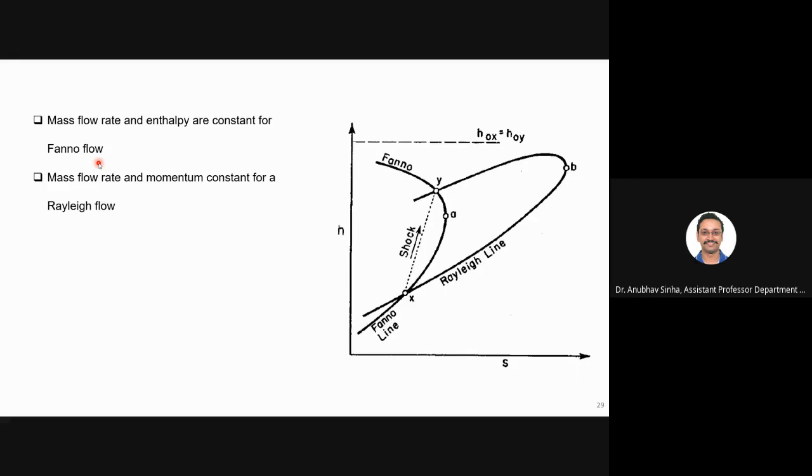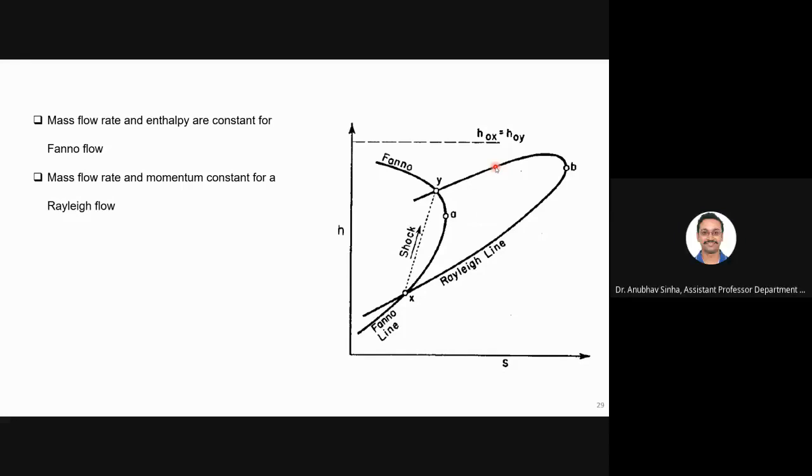For constant mass flow rate, enthalpy and momentum, if you draw these two lines, this is how they will look, the Fanno line and the Rayleigh line. Now conditions A and B are sonic conditions. Above B, is this branch subsonic or supersonic? Subsonic.